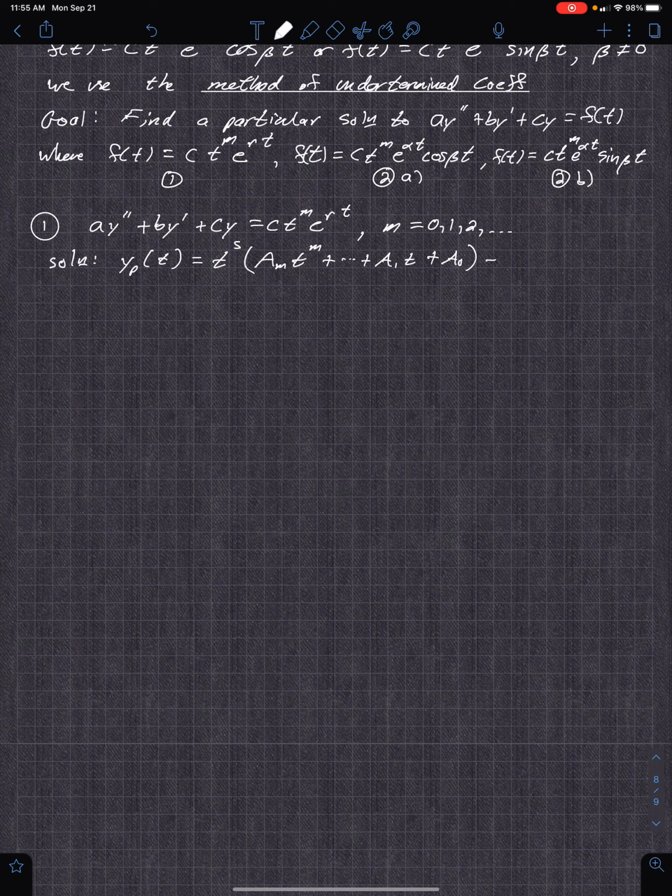Then that's e to the rt. And then you have different cases. So s is equal to 0 if r is not a root of the auxiliary equation.